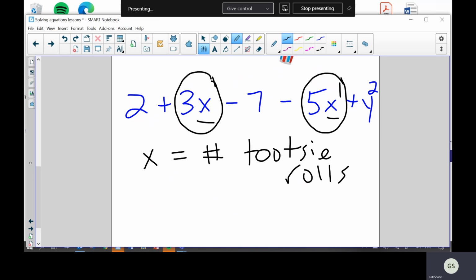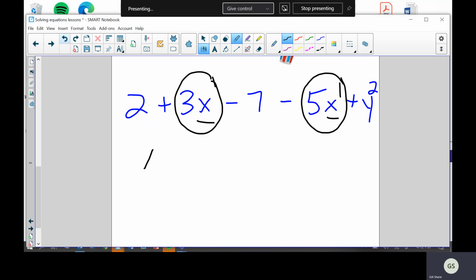So the way you could read this equation then, oh boy, I'm going to have to go backwards for a little while, is you could say, okay, well, I have 3 bags of Tootsie Rolls right here. Over here, I have 5 bags of Tootsie Rolls. Now, this is a little tricky. I should have used addition maybe. I guess I could still change it to addition. That's easier to understand.